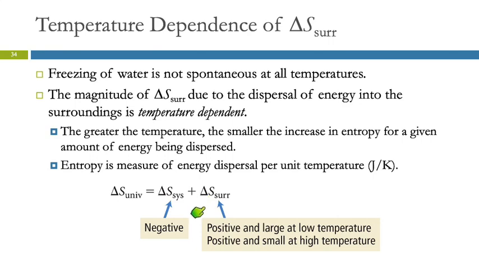The change in entropy for the surroundings is going to be positive, but it's going to be positive and large at low temperatures, positive and small at higher temperatures. And so at some point, the positive delta S of the surroundings is equal to delta S for the system that's negative, and it's a wash, right?